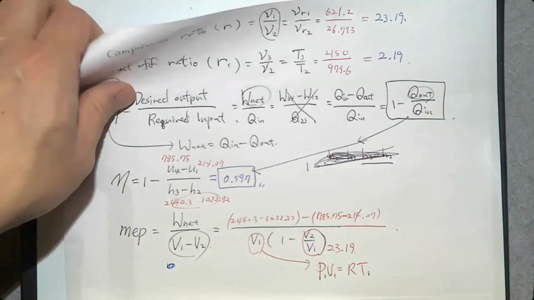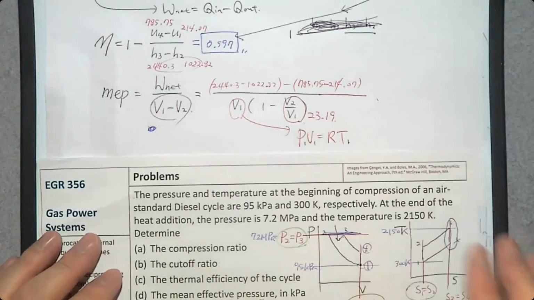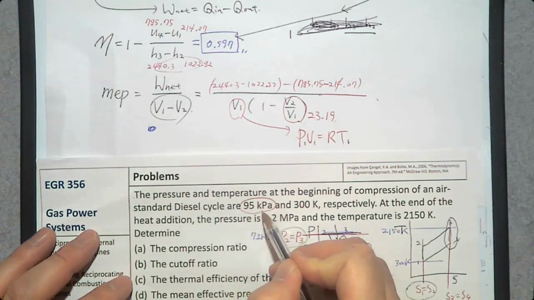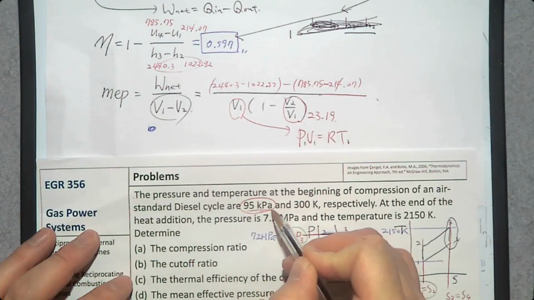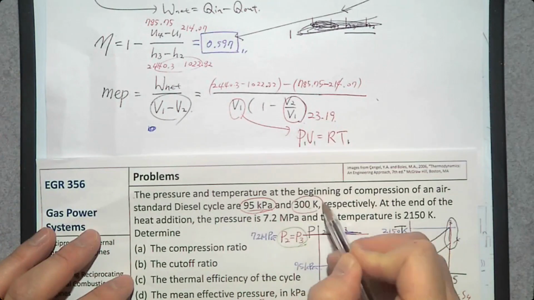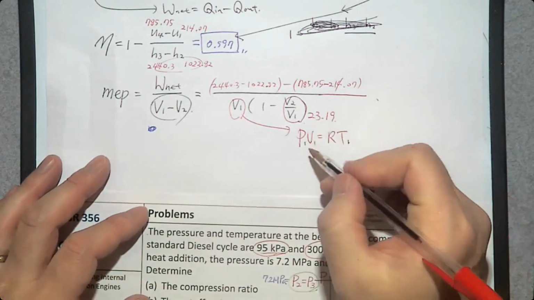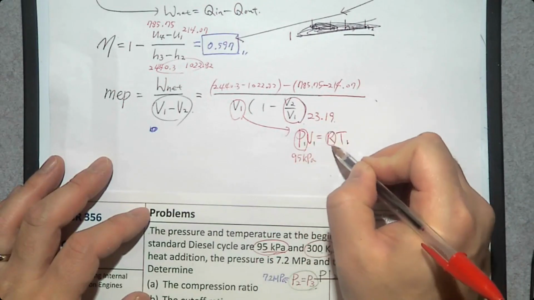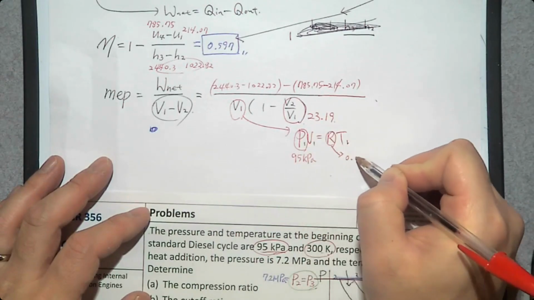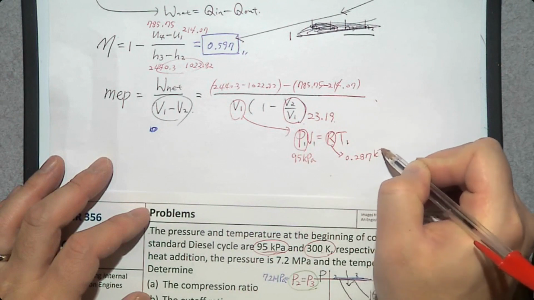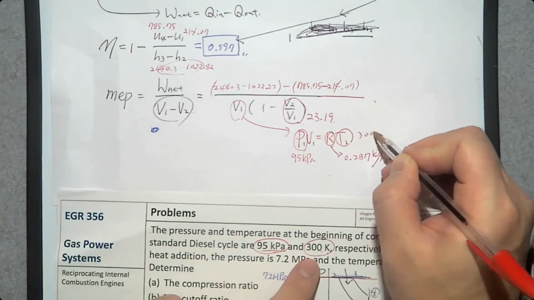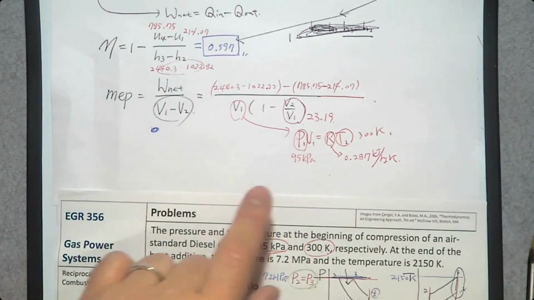Do we know pressure and temperature at any moment? Yes. At the initial state, we have 95 kilopascal and 300 Kelvin. So P1 is 95 kilopascal. R is the gas constant, 0.287 kilojoule per kilogram Kelvin, and the temperature is 300 Kelvin. So we have everything.